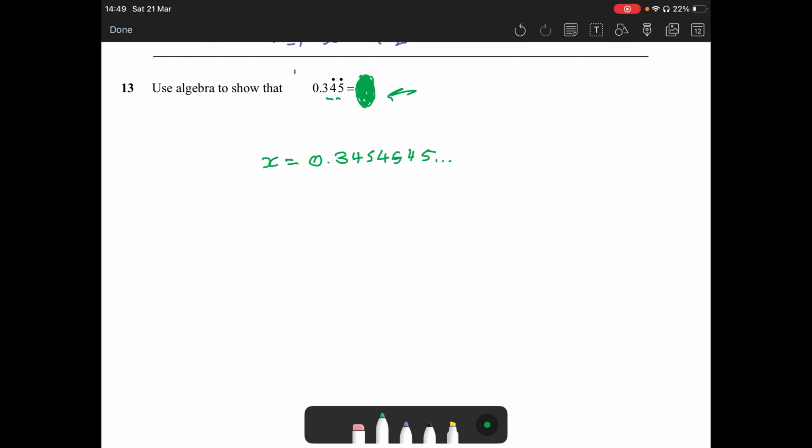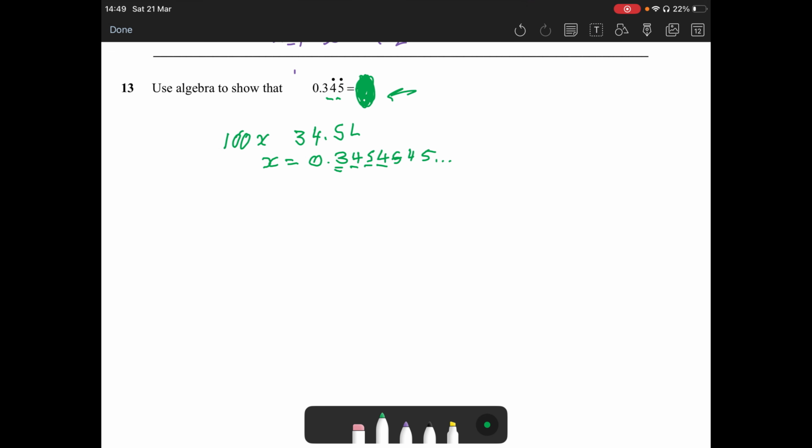The reason we are going to work out 100x, because I'm going to times it by 100, is all the digits get shifted 2 places to the left. So this 3 tenths will be shifted twice to the left, so it will be in the tens place value. That 4 will now be 4 ones. That 5 will now be 5 tenths.